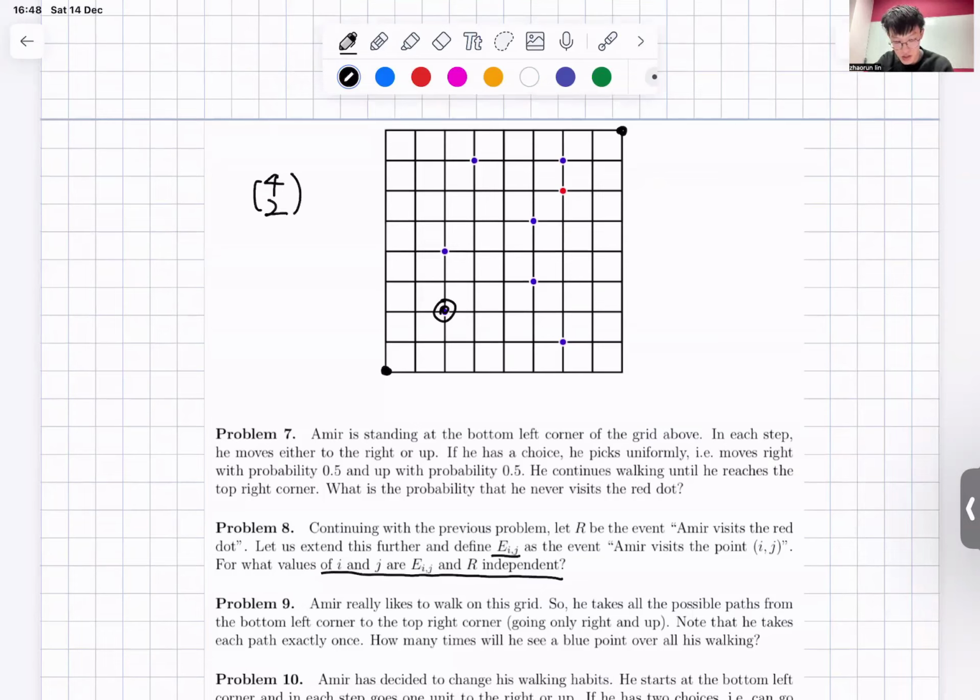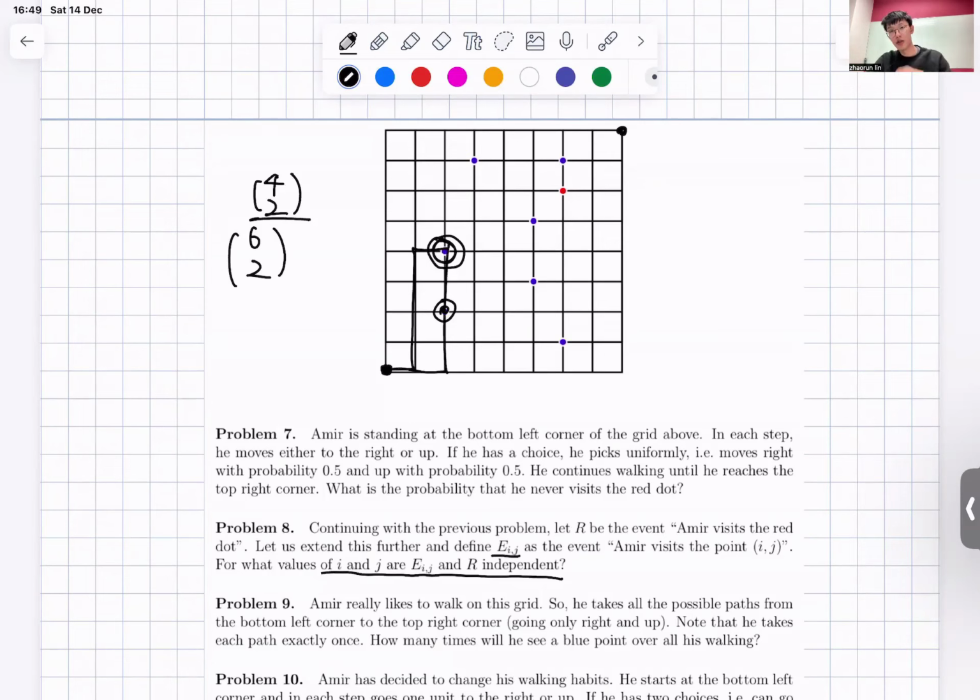We know that it has this many paths, and then for this point, we have this many paths, and for this point we have to calculate how many paths are from the lower left point to this point, but visit only one blue point. So for example, this path visits only one blue point, and this path visits 2 blue points.